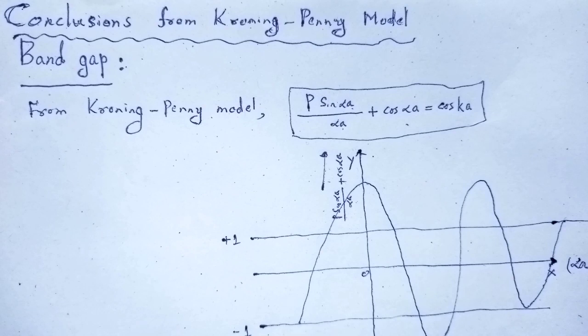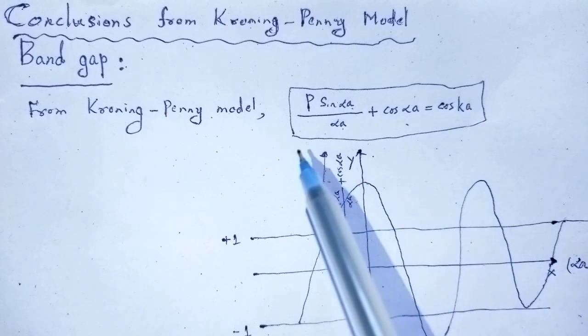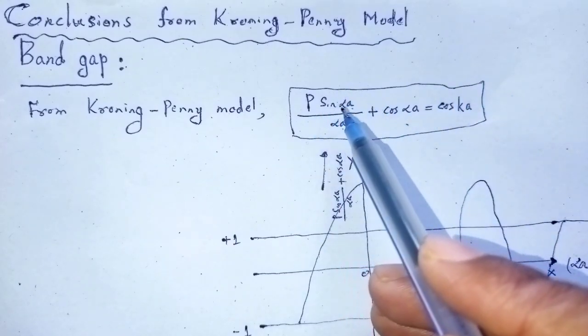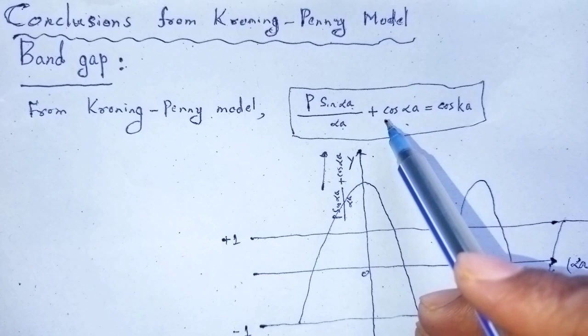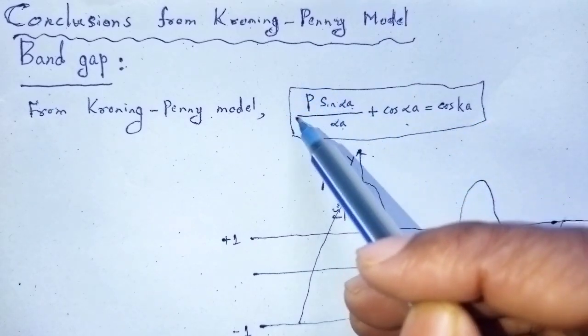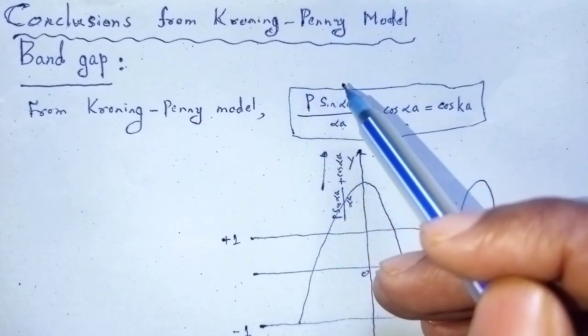Let's begin. In the previous video lecture, we discussed the Kronig-Penney model and derived the equation P sin alpha a divided by alpha a plus cos alpha a is equal to cos Ka, where P is referred to as the scattering power.